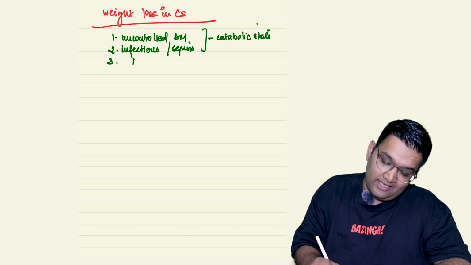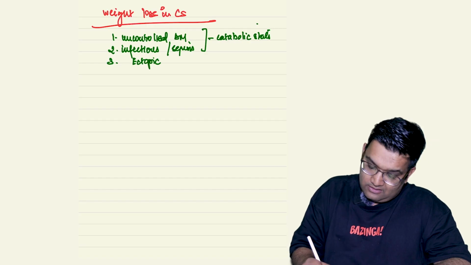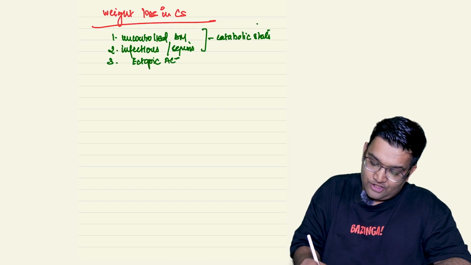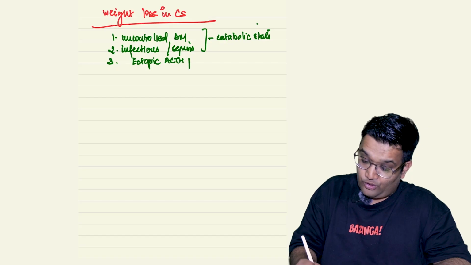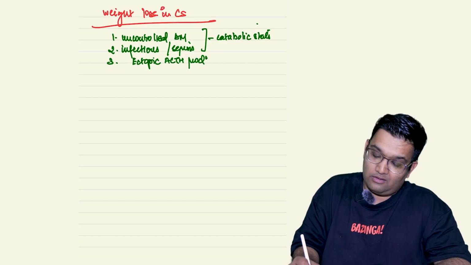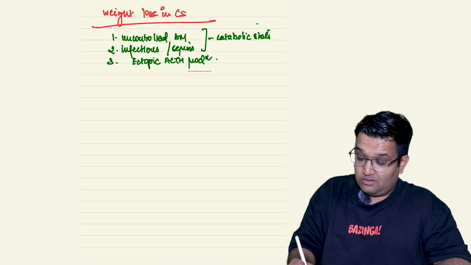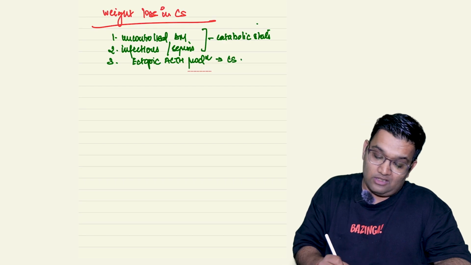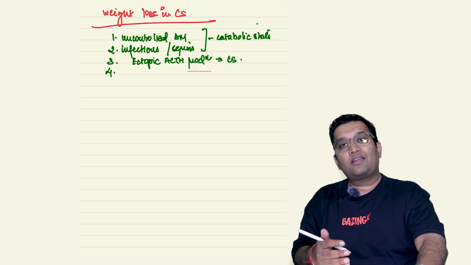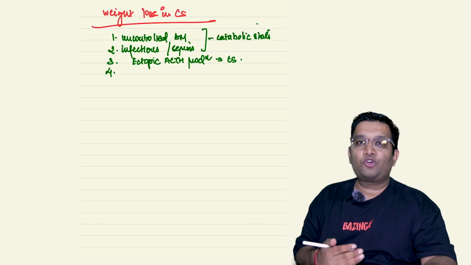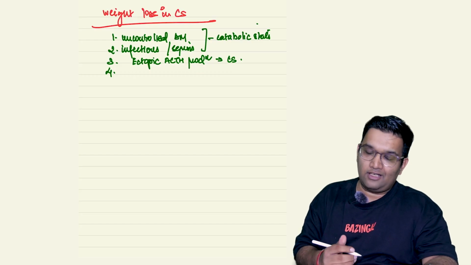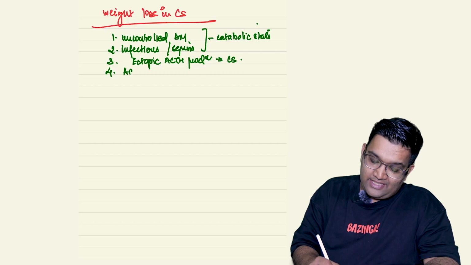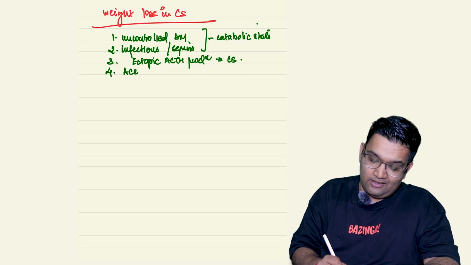We saw that in ectopic ACTH producing Cushing syndrome, the tumors are going to be so fast, the onset is going to be so rapid that weight gain will not occur. Same thing will happen with adrenocortical carcinoma.